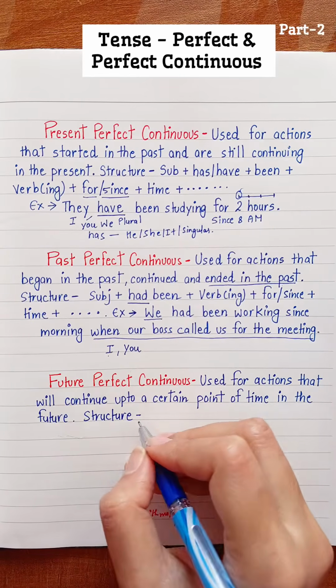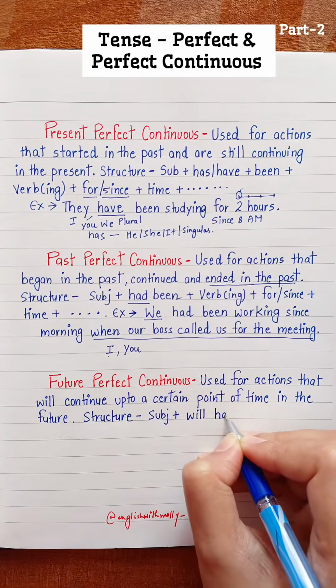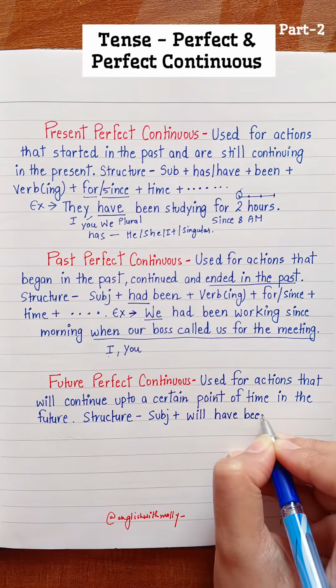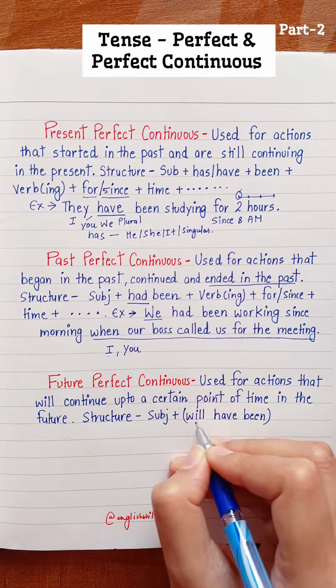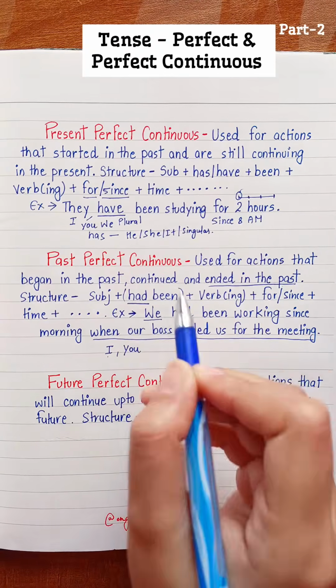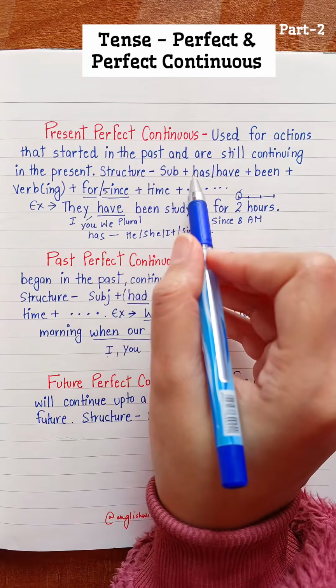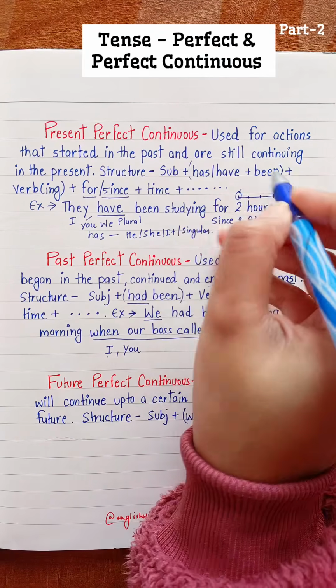Subject plus will have been. Keep in mind that in future there is will have been. In past there was had been. And in present we had has or have according to the subject.